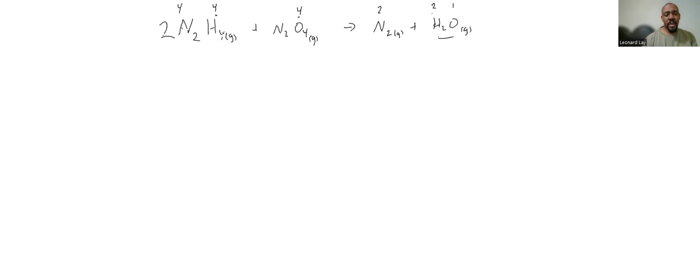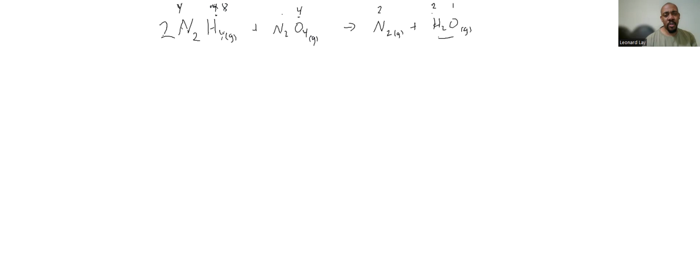And so if we multiply that by 2, that means that we now have 8 hydrogens, and we have 4 nitrogens here and 2 nitrogens here.